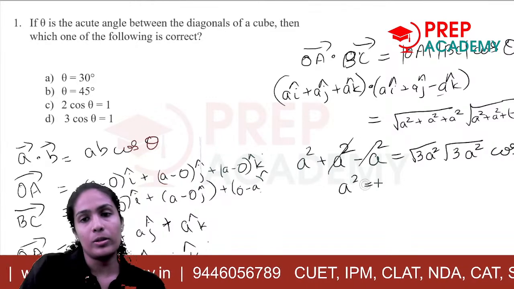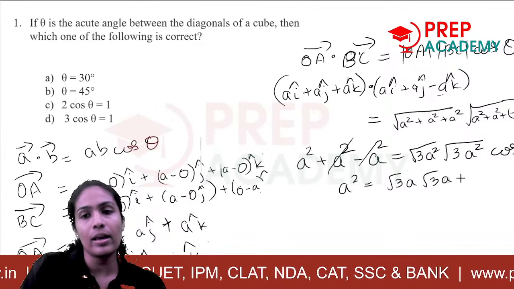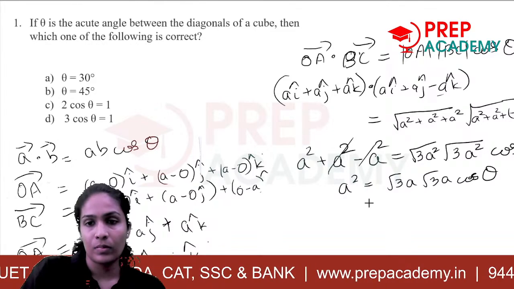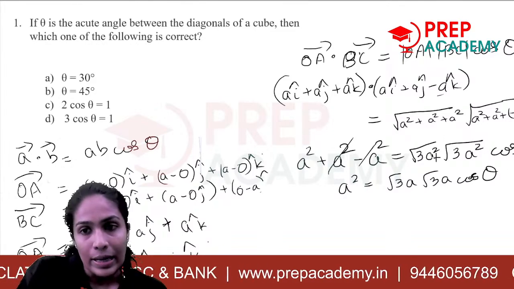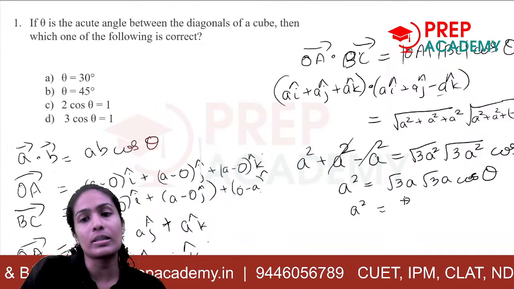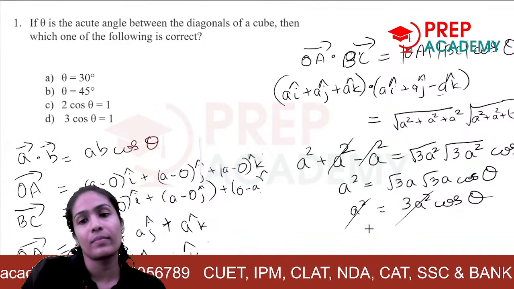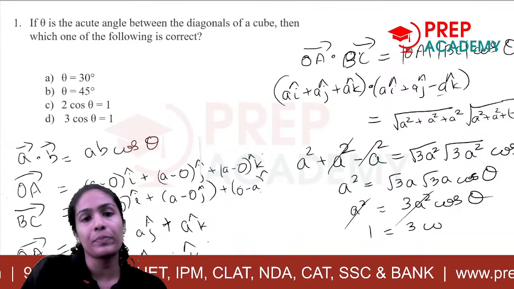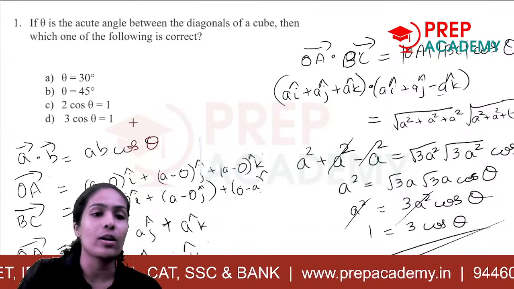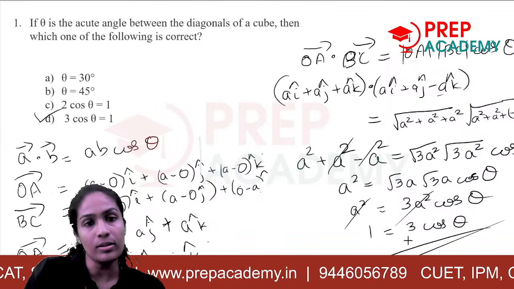So a square is equal to root 3a into root 3a cos theta. Root of 3a square is root 3 a. So a square is equal to root 3 into root 3, which is 3a square, cos theta. So 1 is equal to 3 cos theta. The correct answer is 3 cos theta equal to 1, option D.